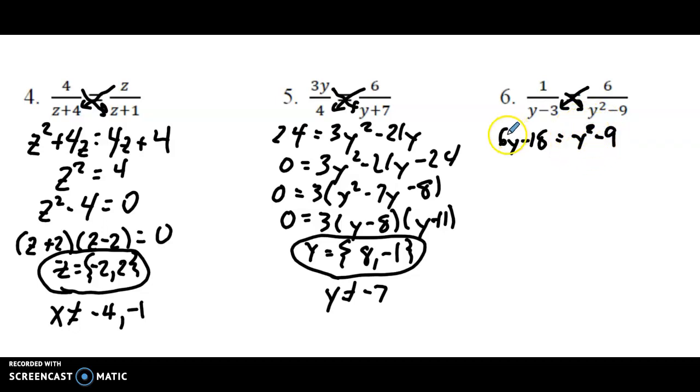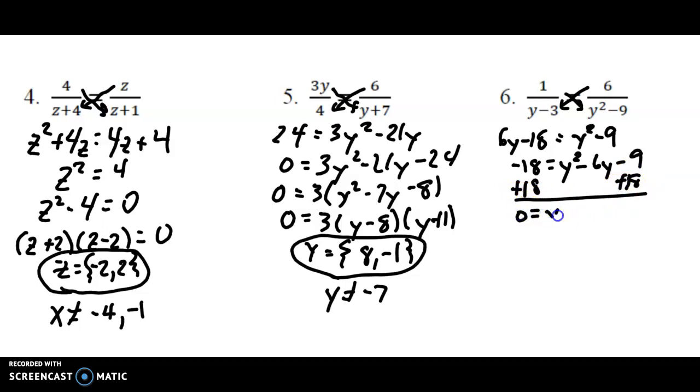So I'm going to get rid of this 6y by subtracting 6y. So I'll get negative 18 equals y squared minus 6y minus 9. And then I'll add 18 to both sides. And I get 0 equals y squared minus 6y plus 9.